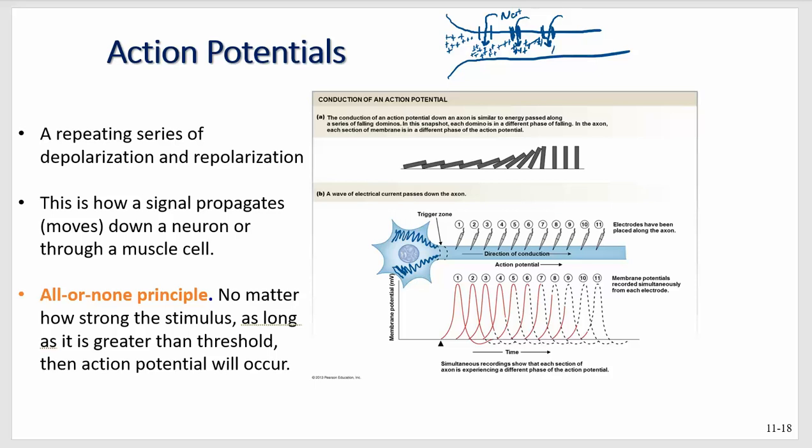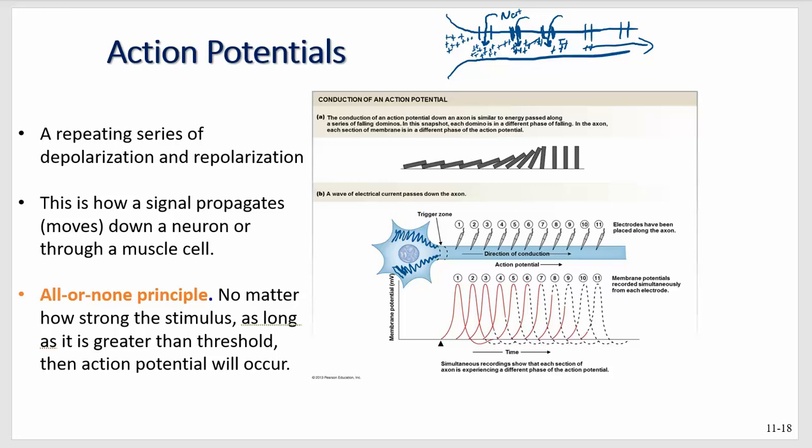And it just keeps going. It depolarizes here, which causes this one to open, all the way down. And that's really what an action potential is. One thing we do know is that we can't leave them depolarized, so we're going to have to fix that. But the overall concept of what an action potential is, it is this series of depolarization, repolarization events.